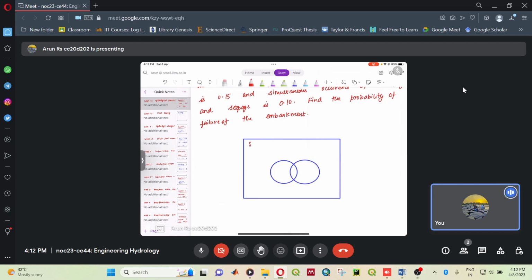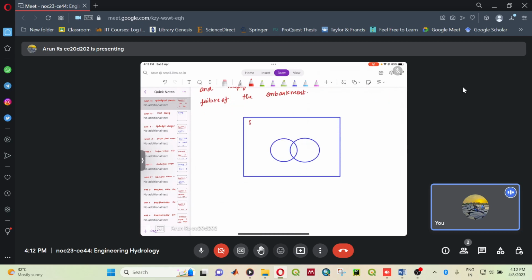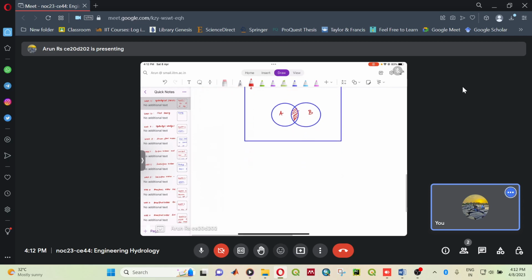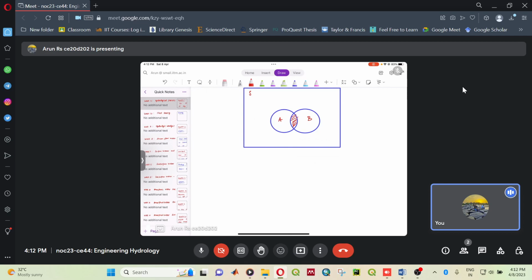So this is the total sample space, and let the overtopping be named as A, and failure due to seepage be named as B, and this is the intersection of both overtopping and seepage. Now we need to find what is the total probability of failure. So we need to compute A union B in this case.